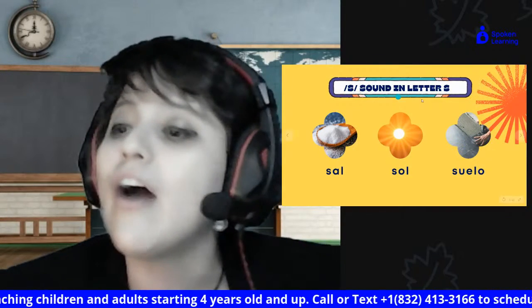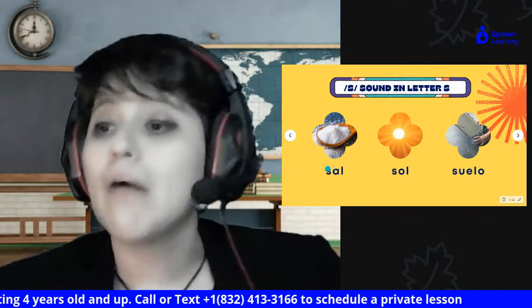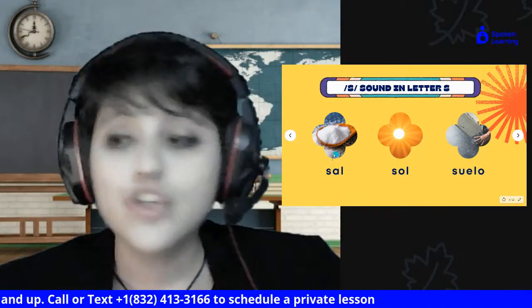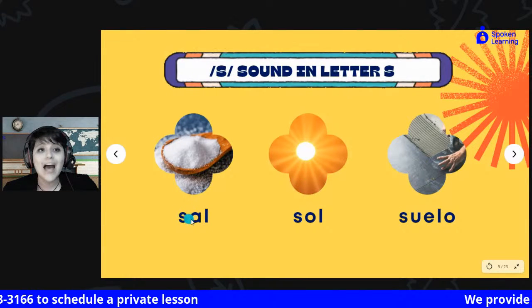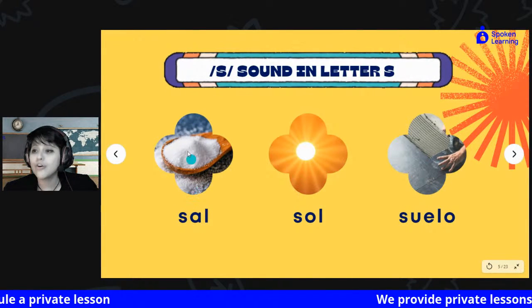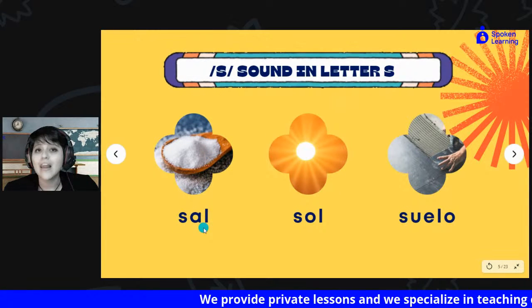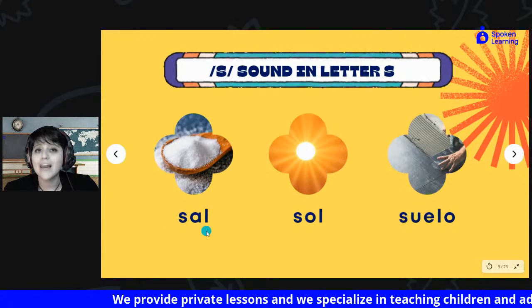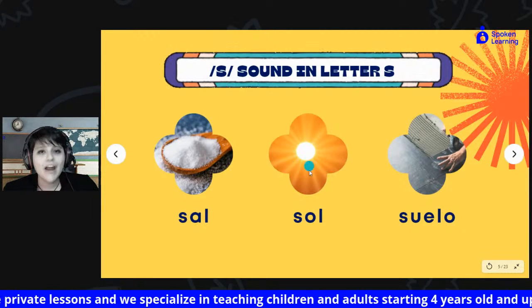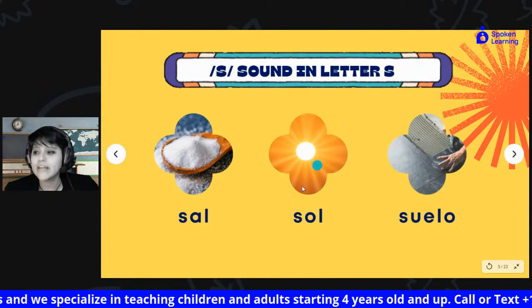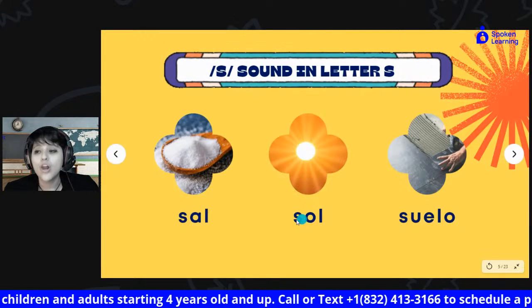Good. Now, let's go back to our examples over here. We have la vocal A. Sal. Good. Salt, sal. This is the sun, right? Now repeat after me. Sol.